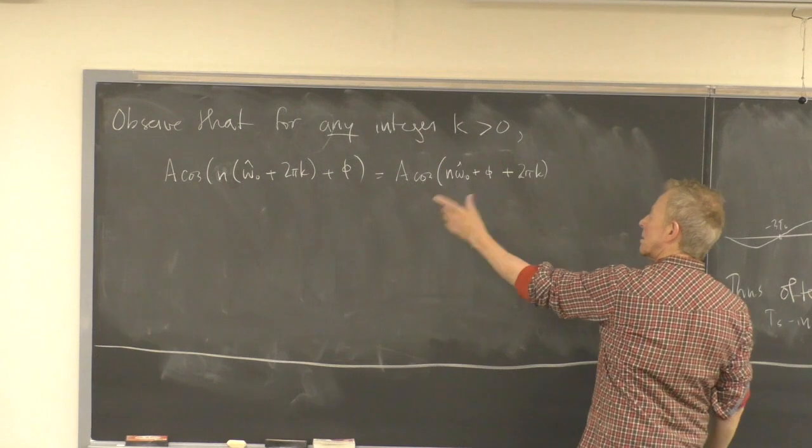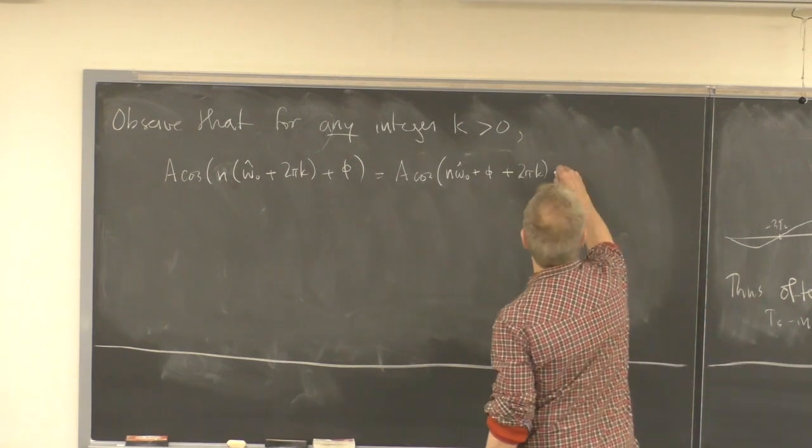And when you shift a cosine by an integer multiple of 2 pi, it doesn't change the signal.